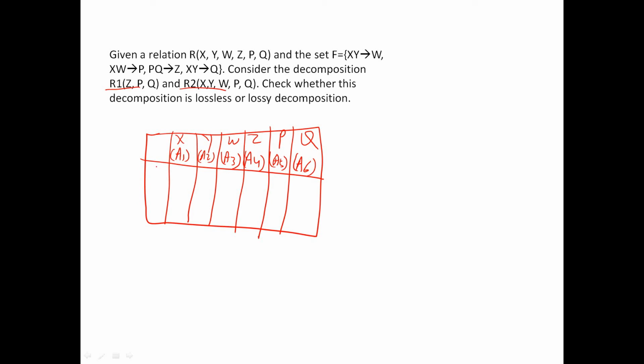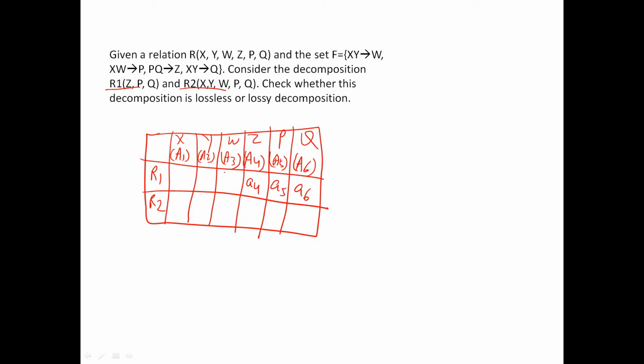There are two fragments, R1 and R2. So in R1, what are the columns? That is ZPQ. So go for that, A4, A5, A6.